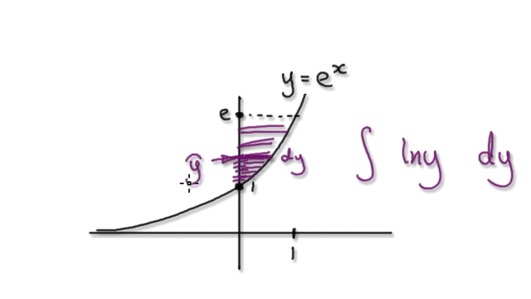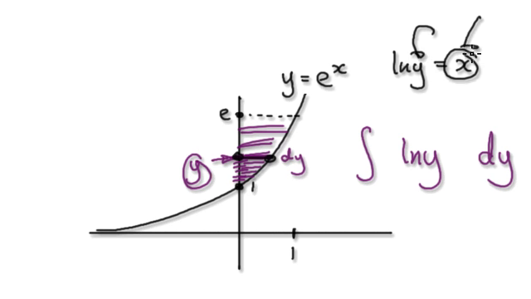For any given value of y, the way you find the radius is to take the natural log of both sides. That gives you this, and then for any given value of y you will immediately know the radius, which is this x here.